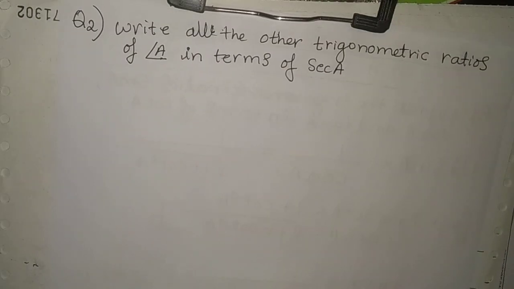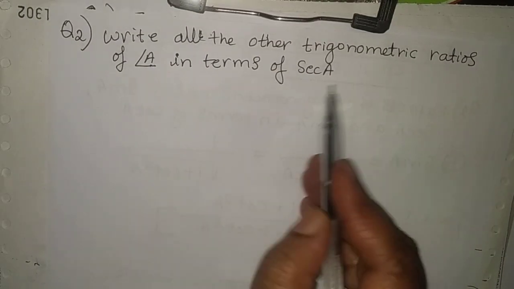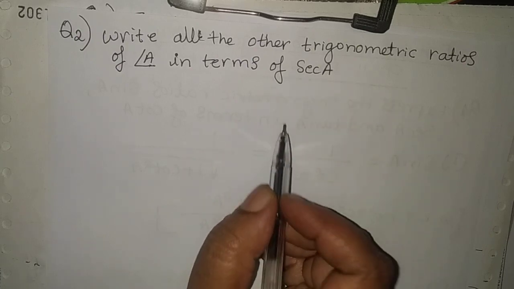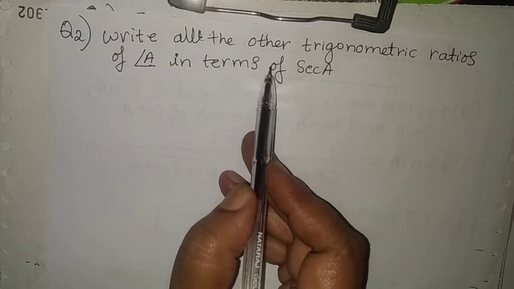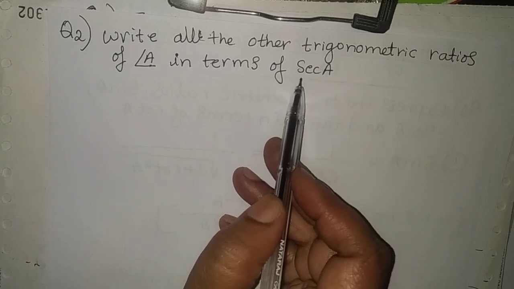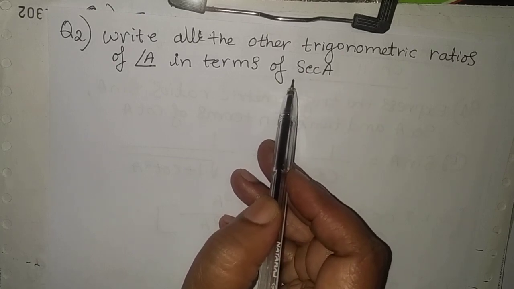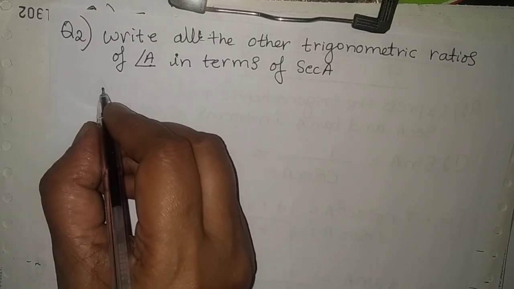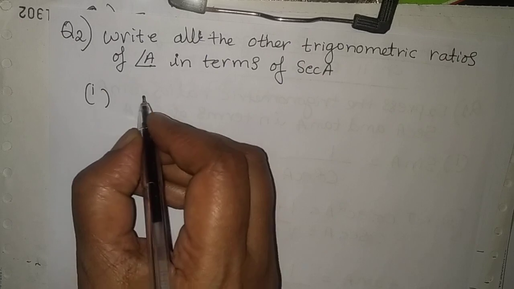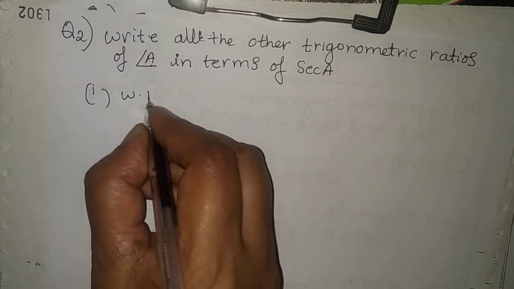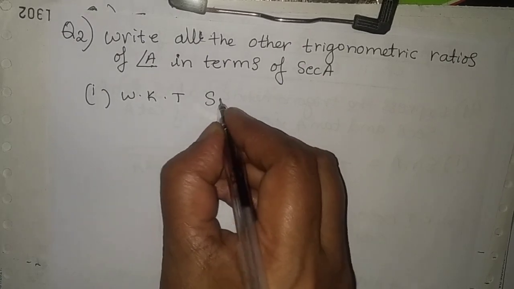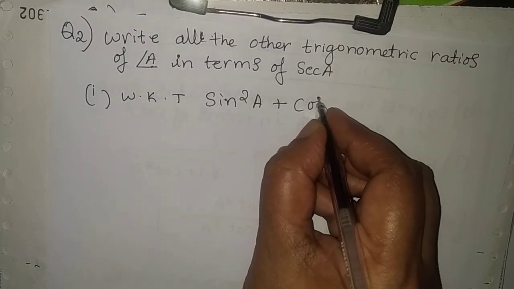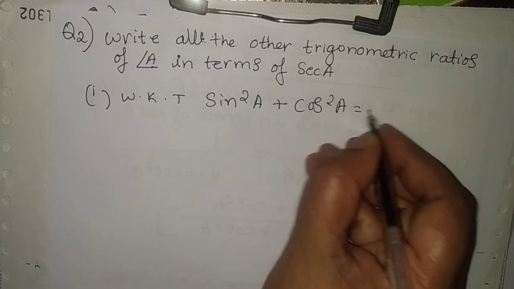So the second one is: write all the other trigonometric ratios of angle A in terms of secant A. So first we know that sine square A plus cos square A is equal to 1.